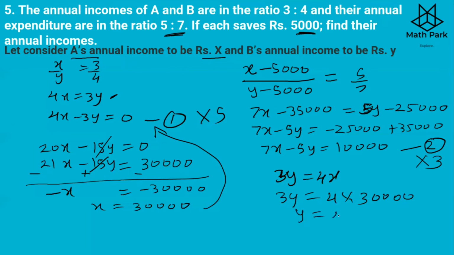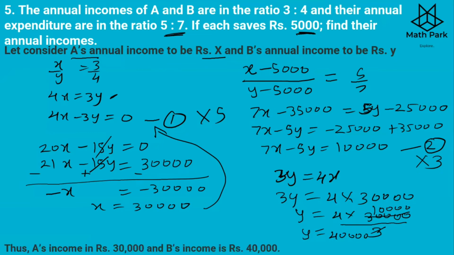So y is equal to 4 into 30,000 divided by 3. 3 into 10,000, so 10,000 into 4, we get y is equal to 40,000. Got it? So this is how we get A's income to be 30,000 and B's income to be 40,000.